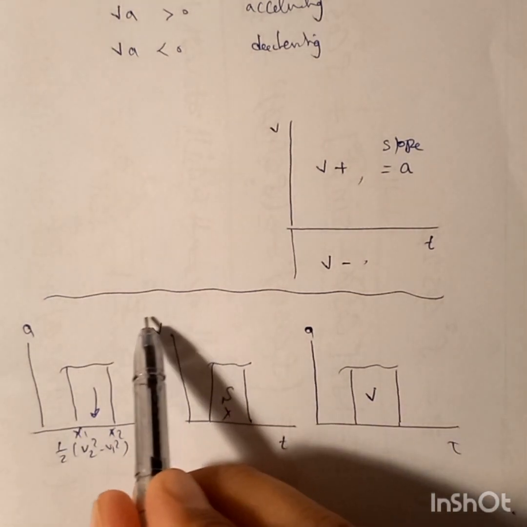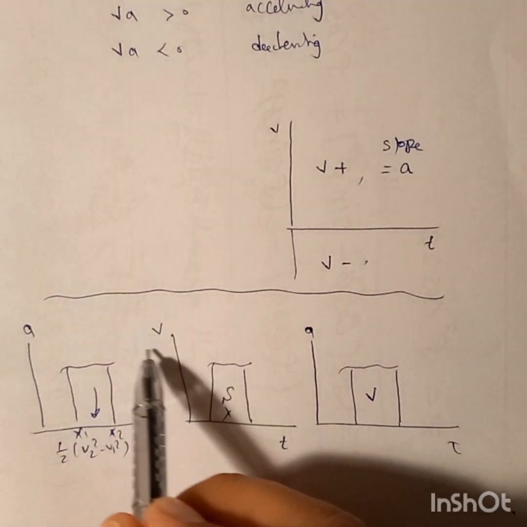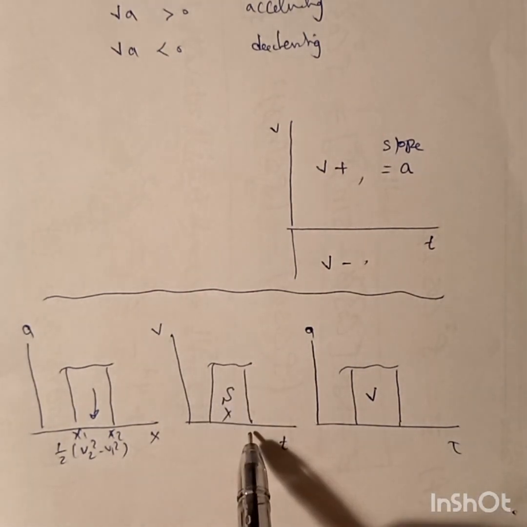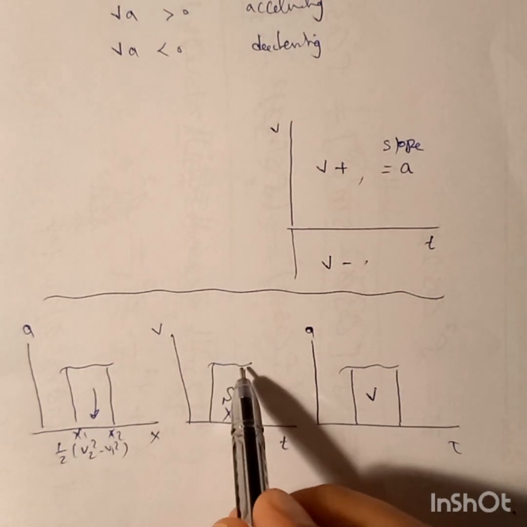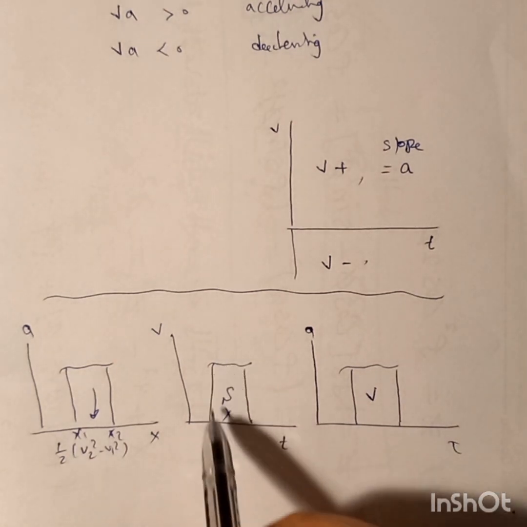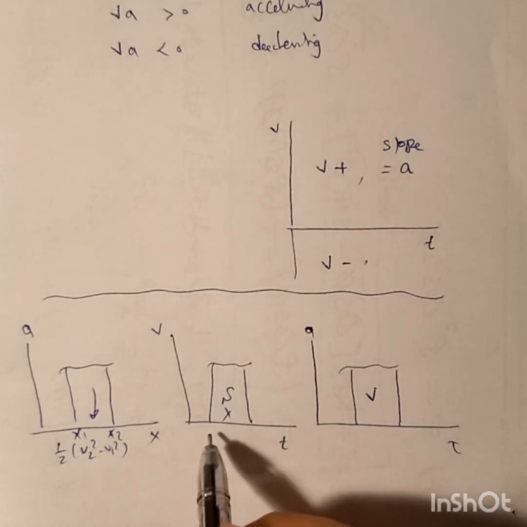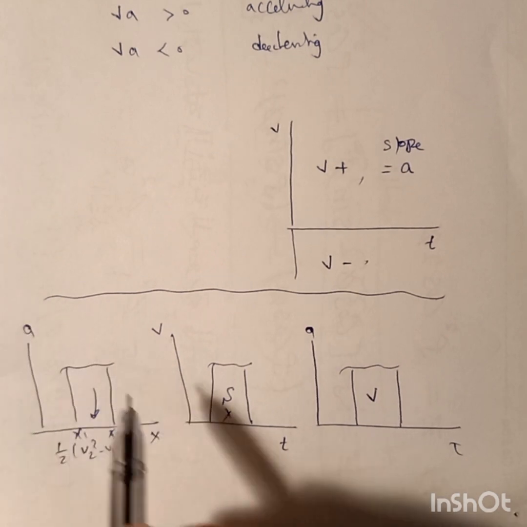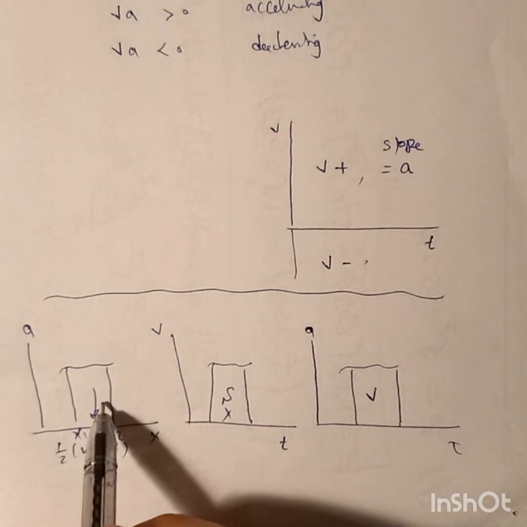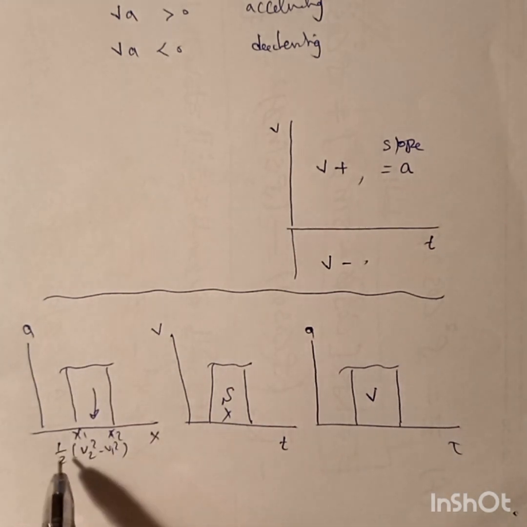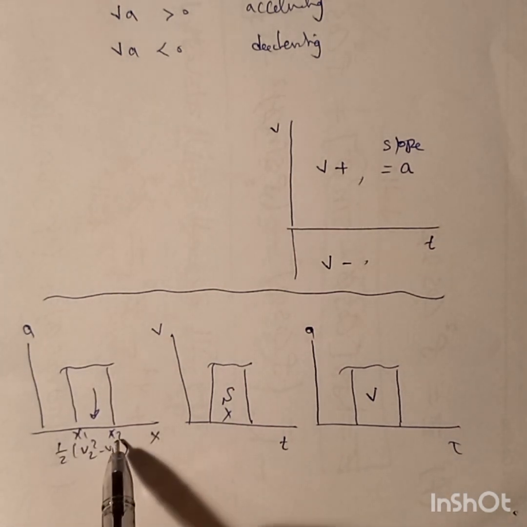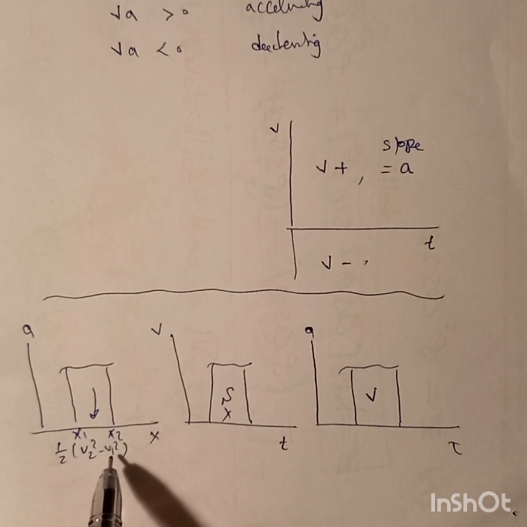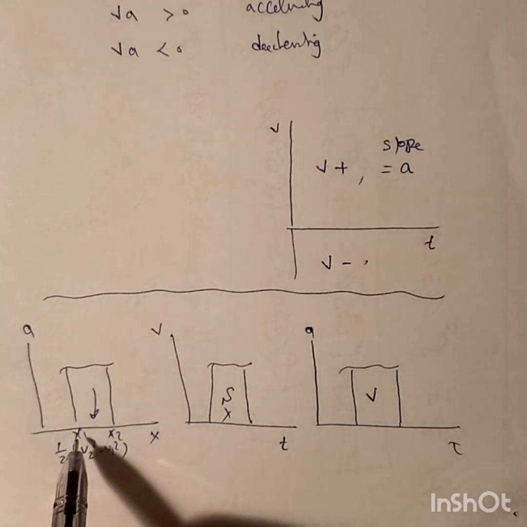If we have the curve representing the relation between v and time, we can find the displacement s or x of this body between t1 and t2 by finding the area under the curve within this time interval. Also, if we have a curve representing the relation between acceleration and displacement, then the area under this curve between x1 and x2 equals half of v2 squared minus v1 squared, the square of the velocity at x2 and the square of the velocity of the body at x1.